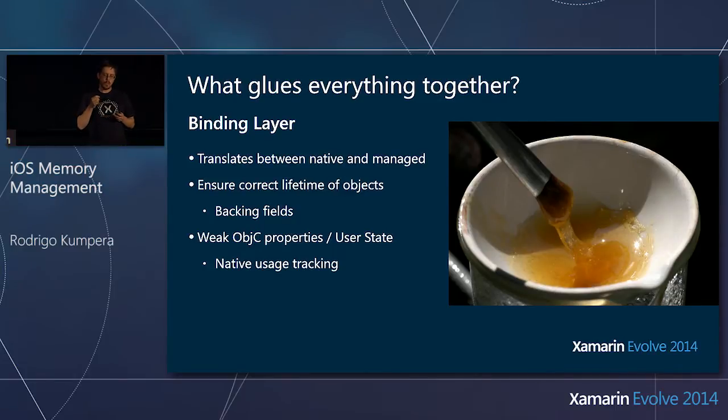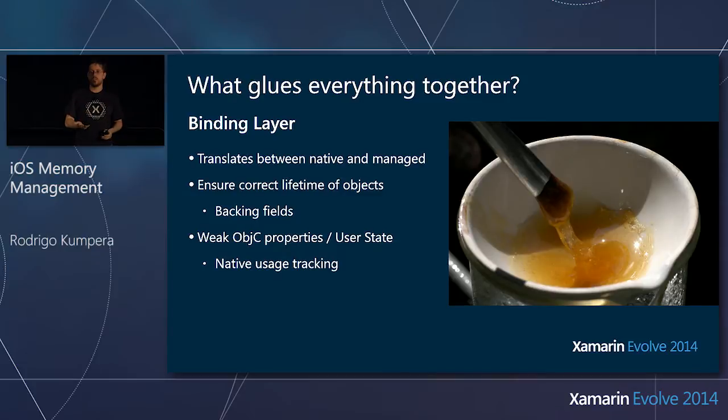Let's say if the reference count is 1, it means that only managed code is looking at this object, because we have to increase the reference count since we're interested in the object. But if the reference count is some crazy number, let's say 10, it means that besides managed code, there are 9 native objects pointing to that specific object.